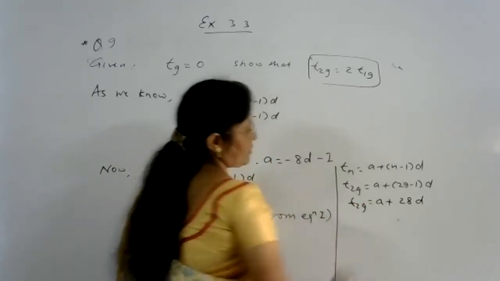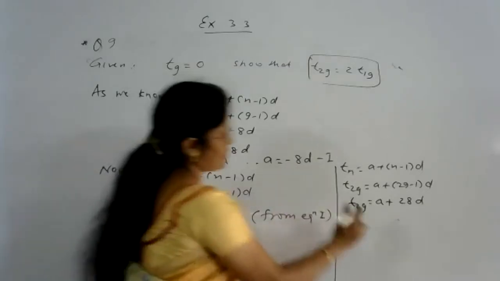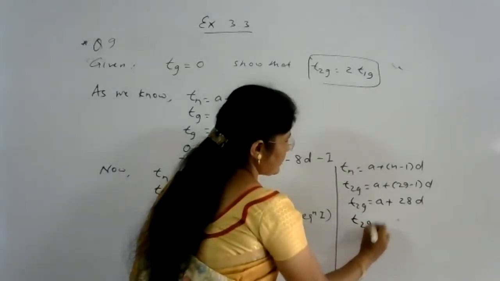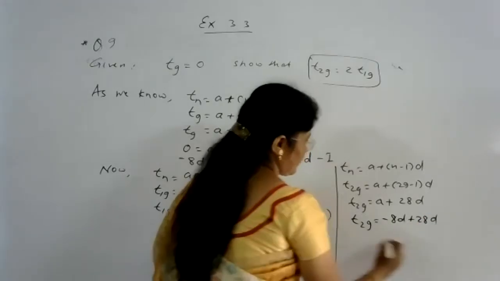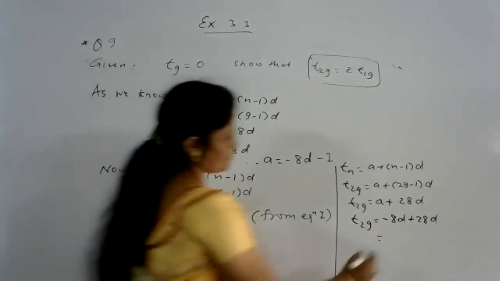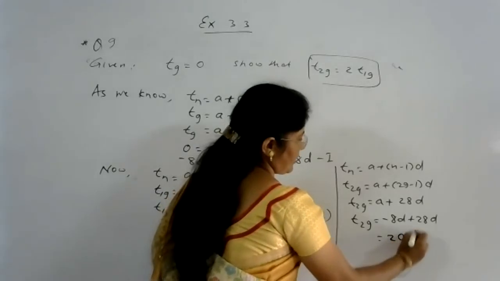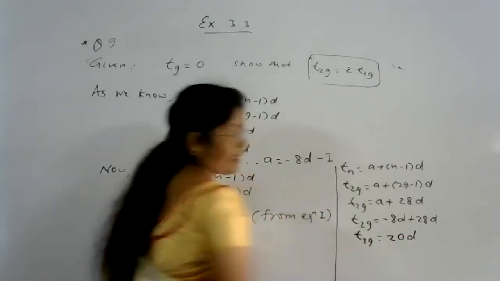We are finding the 29th term. Again we know the value of A, so put the value of A as minus 8D. So T29 is minus 8D plus 28D. So 28D minus 8D, what is the answer? 20D. So the 29th term you got is 20D, correct?